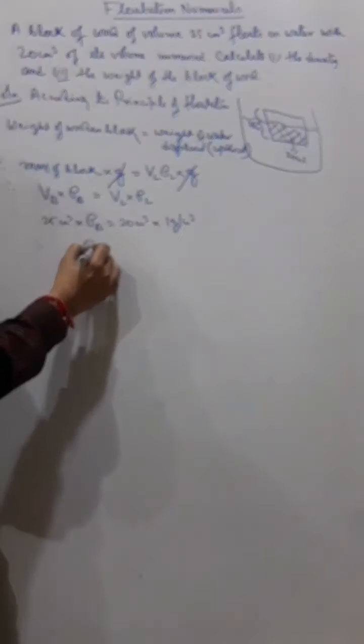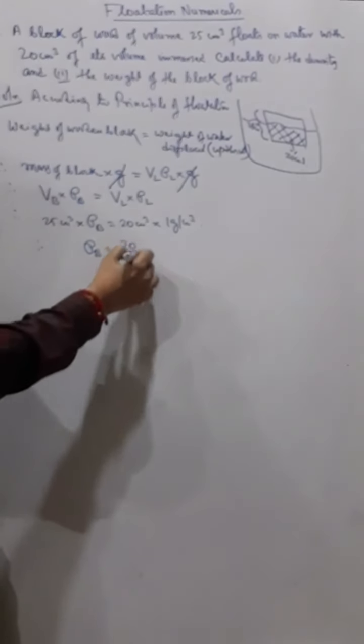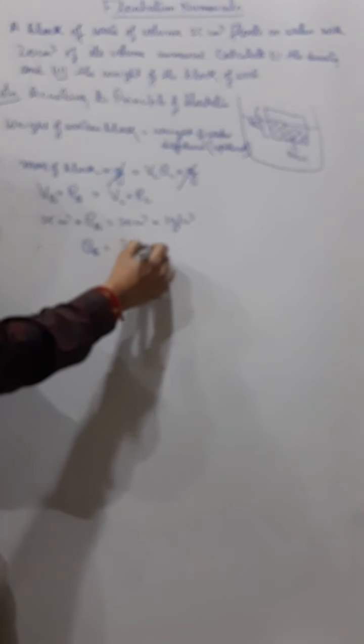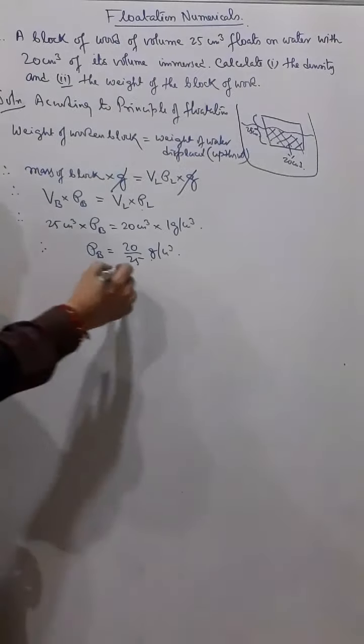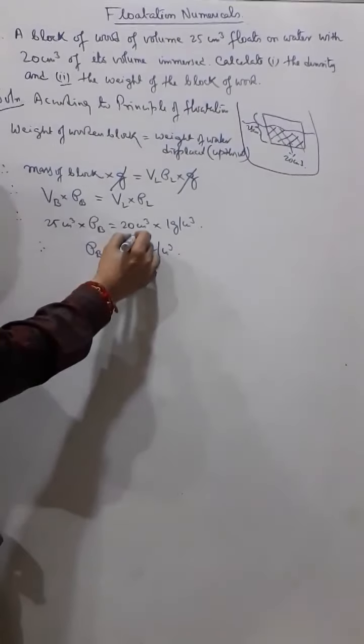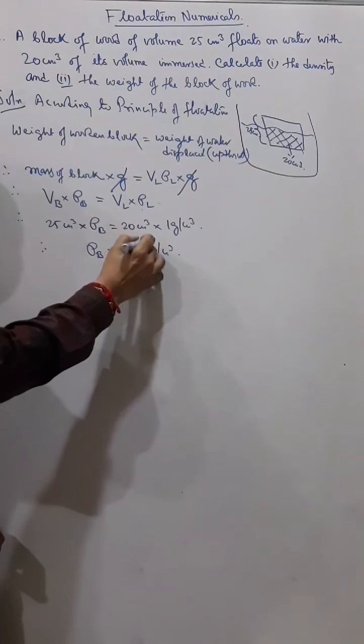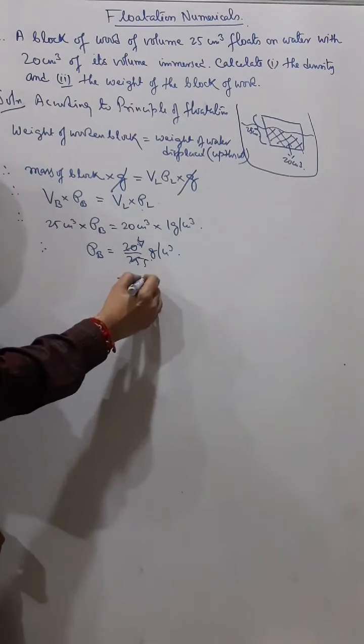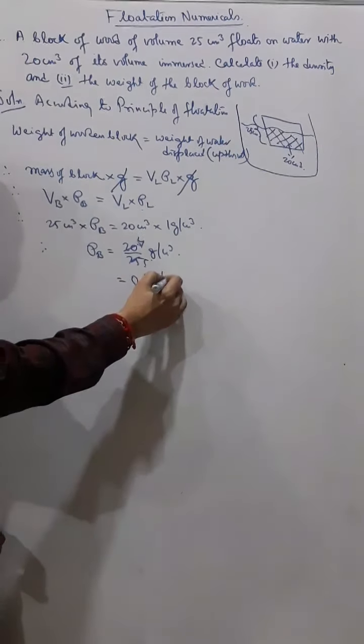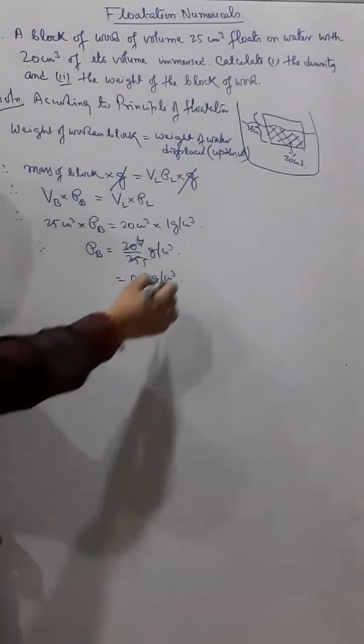So finally we got density of the block as 20 by 25 gram per centimeter cube, and then after cancelling 5 we get 0.8, right?